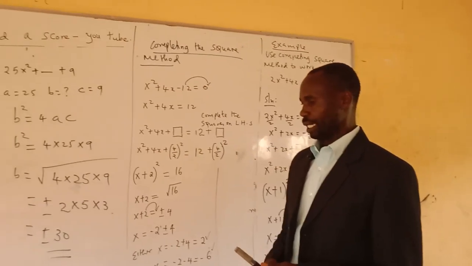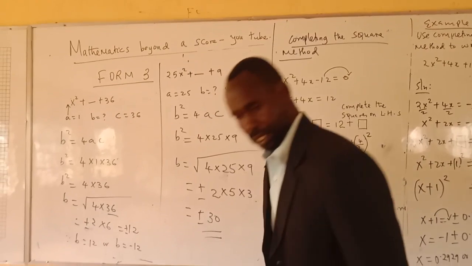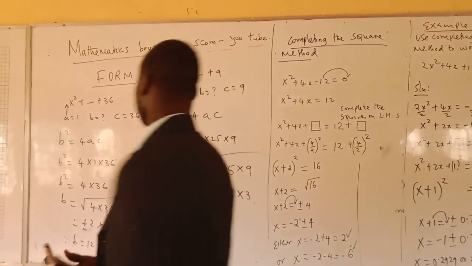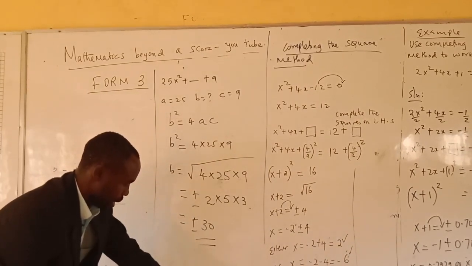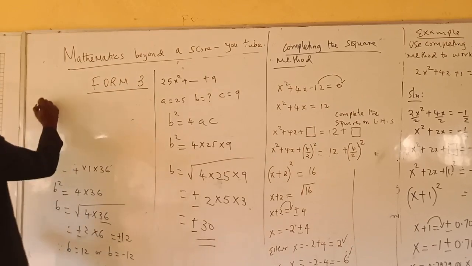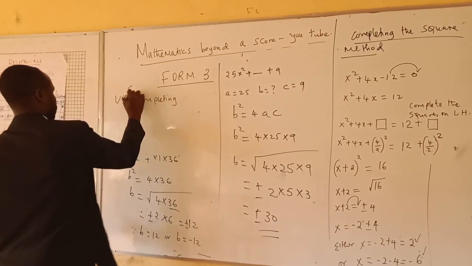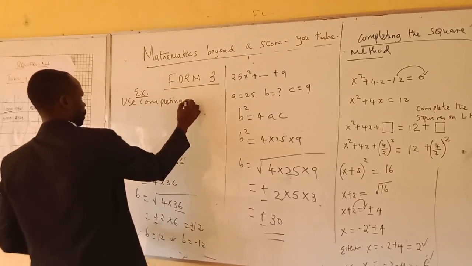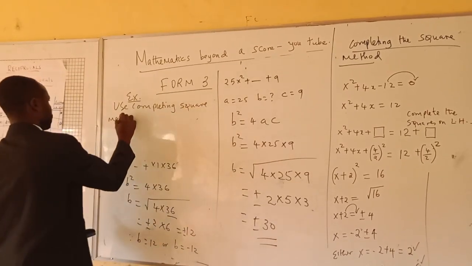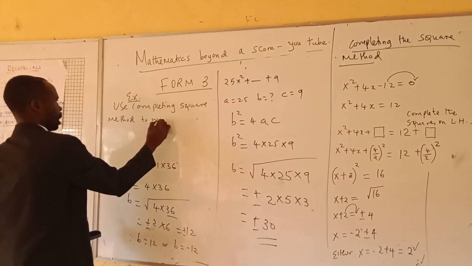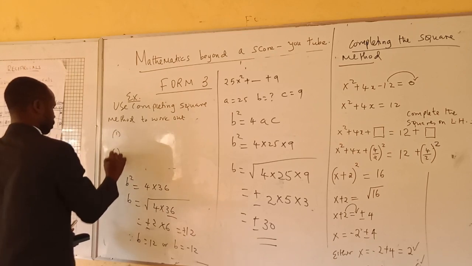I want to give you an exercise. After giving you the exercise, please do it. When you have done the exercise, you will know that you are an expert. So the exercise is here. Use completing square method to work out question 1, question 2, and question 3.